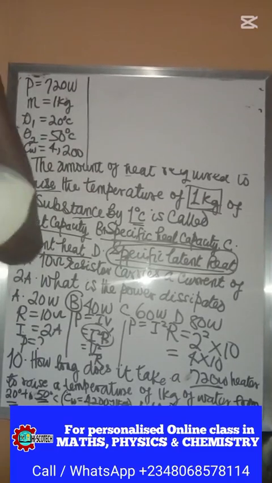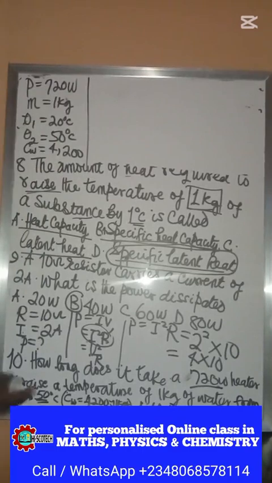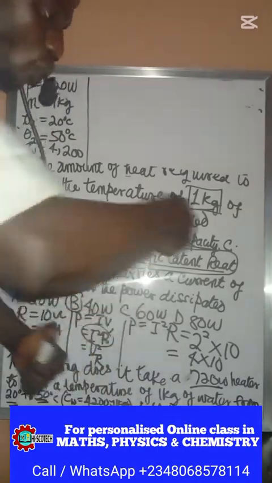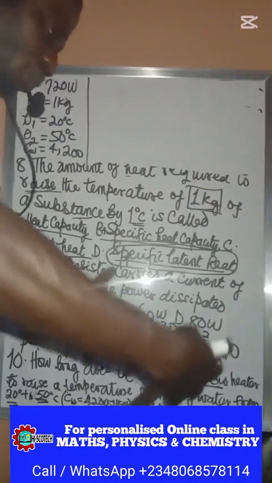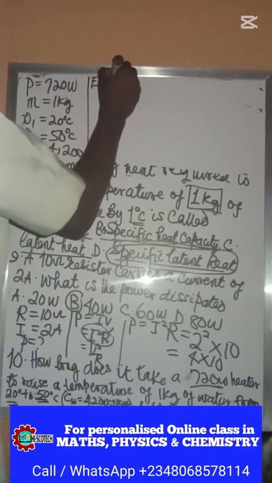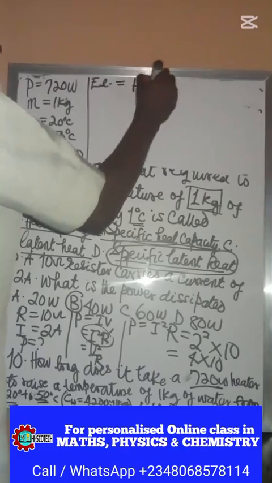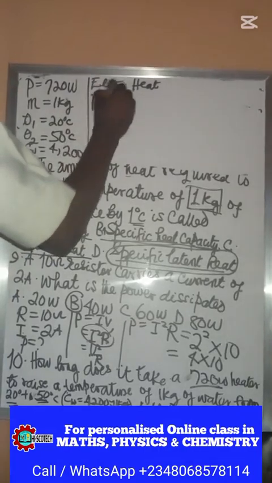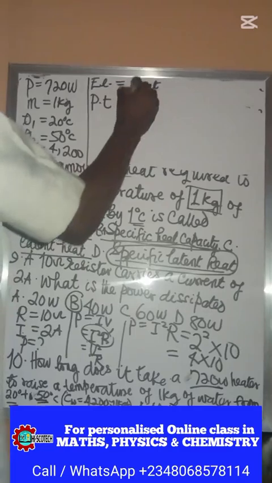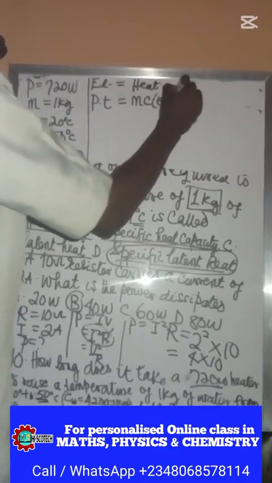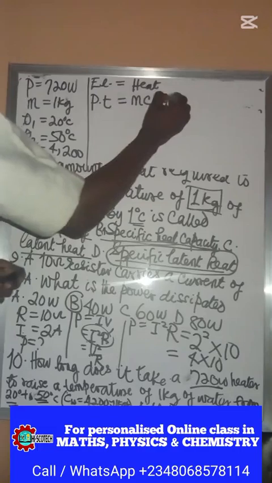Now we know that once the heater is plugged in to heat the water, the electrical energy in the heater is converted to heat energy to raise the temperature of the water. So the electrical energy from the heater is equal to the heat energy to raise the temperature of the water. Electrical energy is given by power times time, and heat energy is given by M, mass, times C times theta 2 minus theta 1, because we are having an increase in temperature.